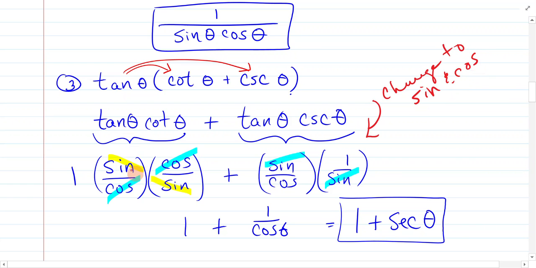So tan is sine over cosine, cotan is cosine over sine, tan, sine over cosine, cosecant, 1 over sine. This all cancels out and you're left with 1. Sines cancel, you're left with 1 over cosine. So we have 1 plus 1 over cosine. This is equal to secant, so we can simplify all the way to 1 plus secant theta.